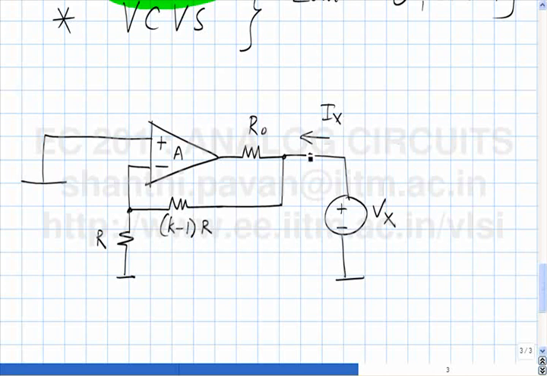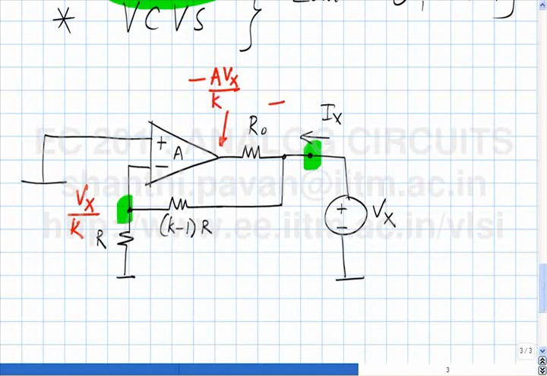Now, if this is Vx, what is this voltage? Vx by K, alright. And what is this voltage now? Minus AVx by K, alright.